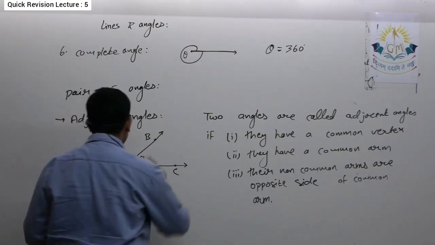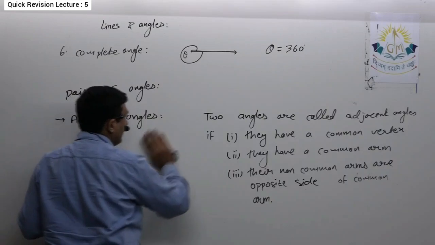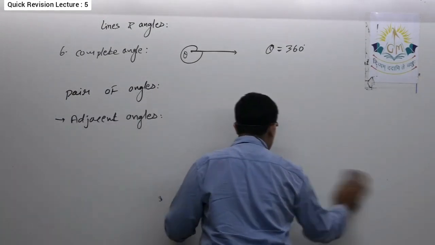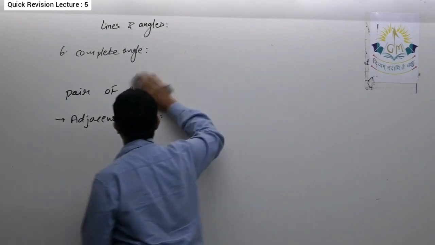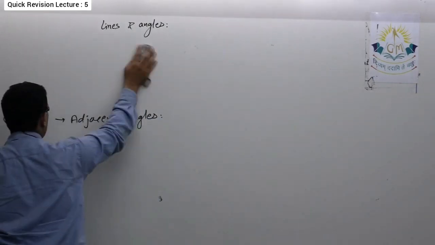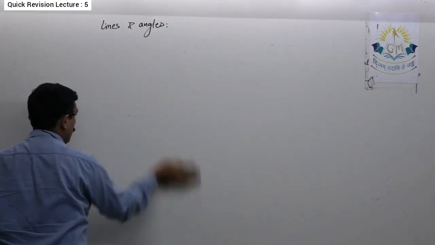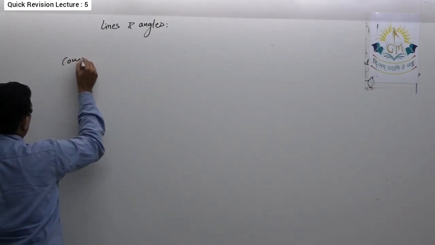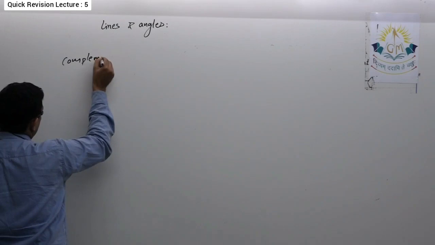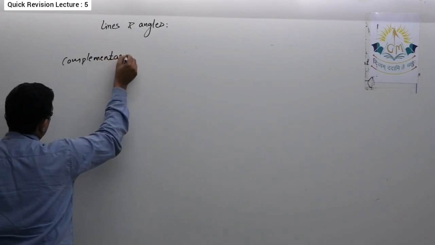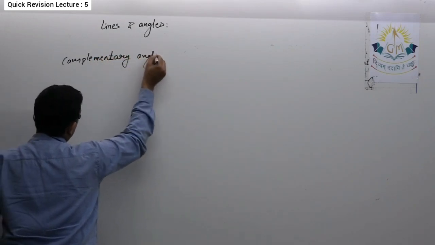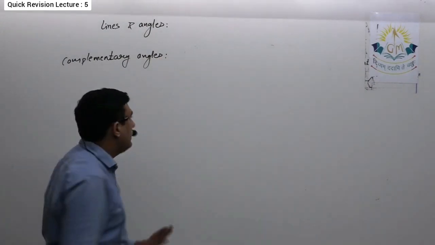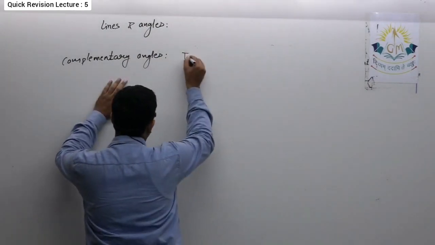Now, after adjacent angles, the first thing we'll see is complementary angles, then supplementary angles. Complementary angles: two angles whose sum is 90 degrees. Simple.